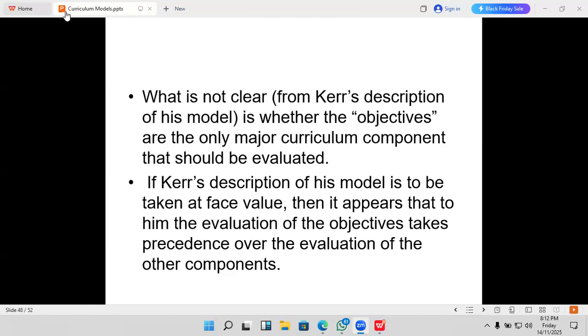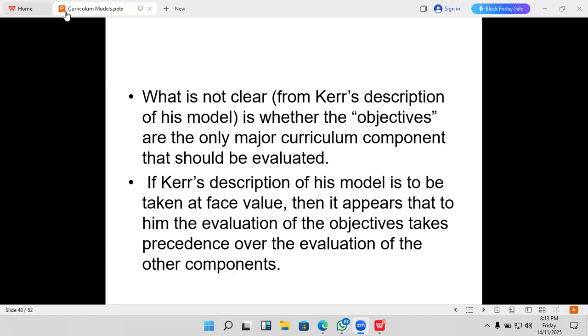Kerr focuses more than other components on curriculum objectives. They say Kerr failed to give more attention to the other components of the curriculum.